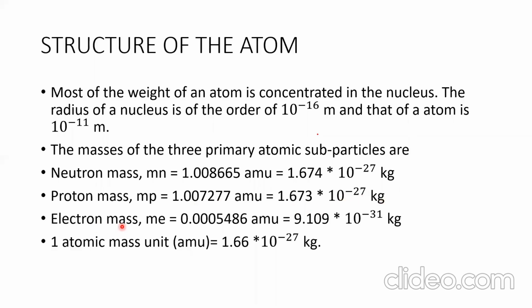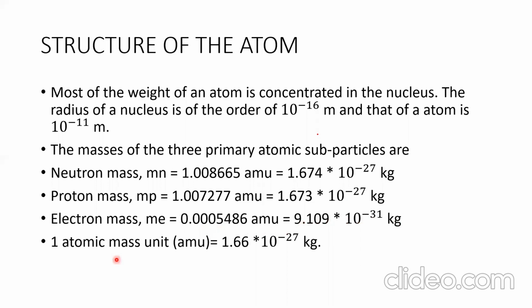Whereas the mass of the electron, which is very small as compared to the mass of the neutron and proton, is equal to 0.0005486 AMU, which is equal to 9.109 into 10 raised to minus 31 kilogram.